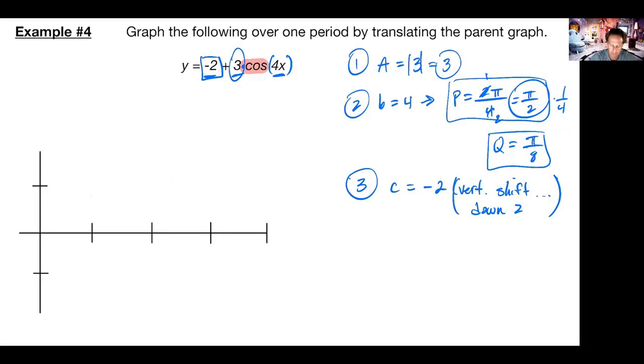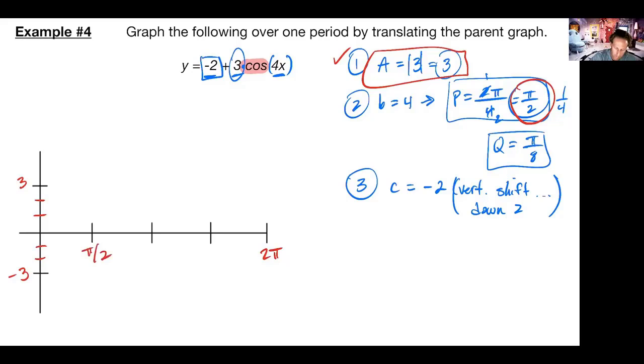Okay, so first things first, we're dealing with cosine. So I'm going to graph all of my cosine things, but changing my amplitude first. So my amplitude will have changed to 3. Then my period, we said, would be only pi over 2. I say only because normally it goes all the way to 2 pi. We're just going to go to pi over 2.